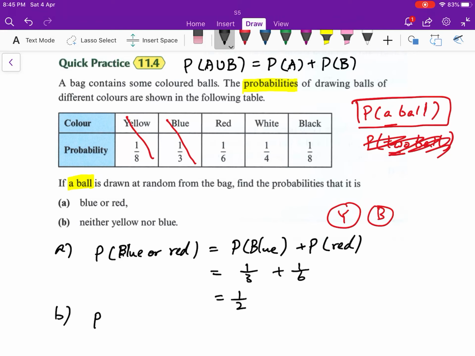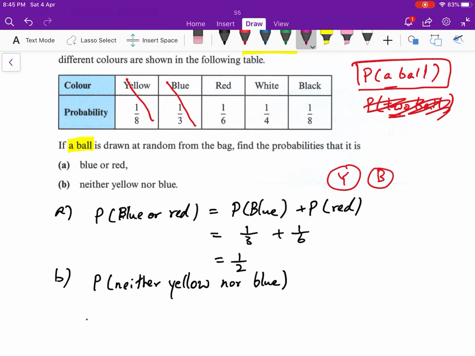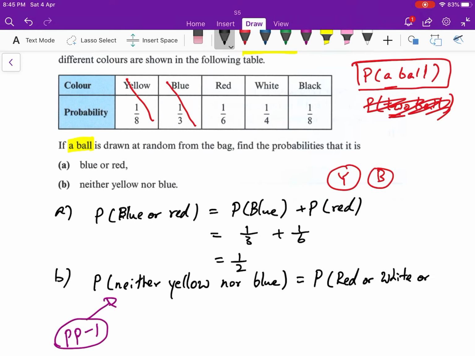Okay, so probability of neither yellow, remember to write down the sentence, okay? This is PP. If you forgot to write down that, we can deduct your PP mark, presentation, okay? So probability neither yellow nor blue will mean probability of red or white or black, okay?